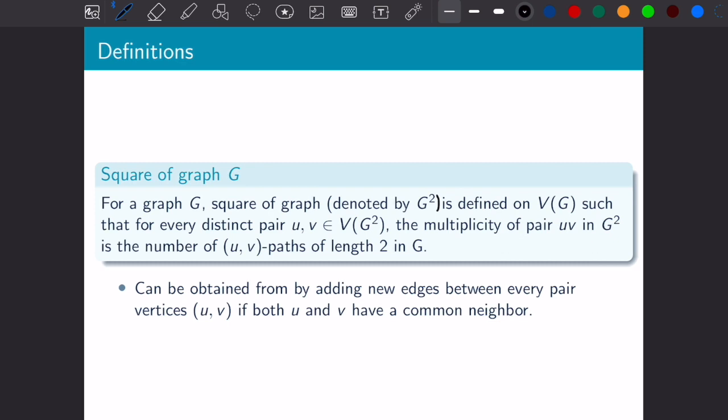Let's take an example. If this is our original graph on 8 vertices, it's a cycle of length 8.